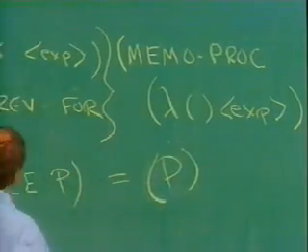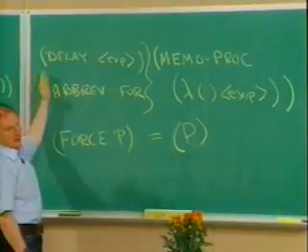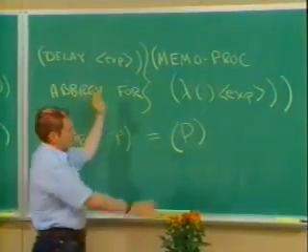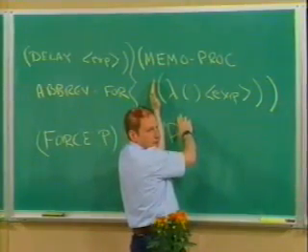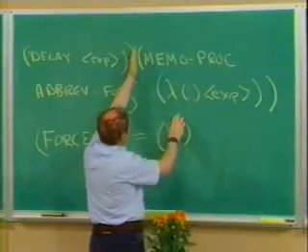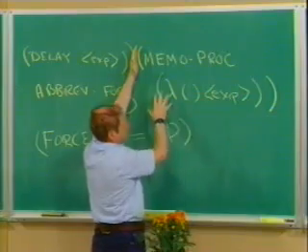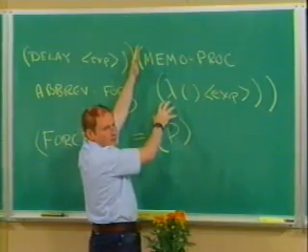So here, where I initially built as my tail of the stream, say, this procedure of no arguments, which someday I'll call, instead, I'm going to have the tail of the stream be Memo-Proc of it, which someday I'll call.